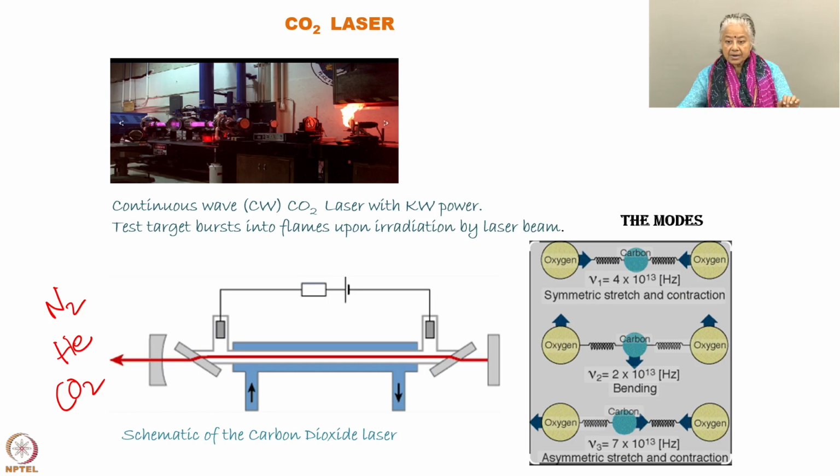And this is called the symmetric stretch, because both the oxygens are symmetrically moving out from the carbon, which is stationary. And here it is the asymmetric stretch, because one oxygen is moving towards the carbon and one oxygen is moving away from the carbon. So, it is asymmetric. This is another stretch mode.